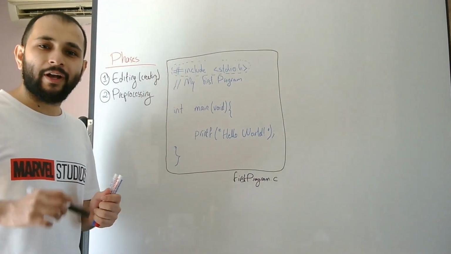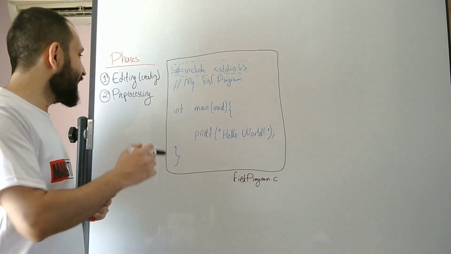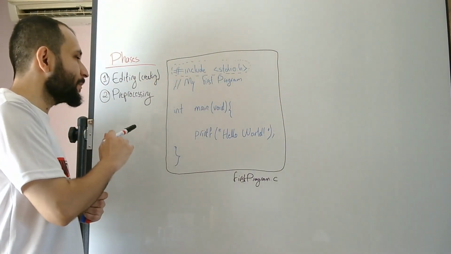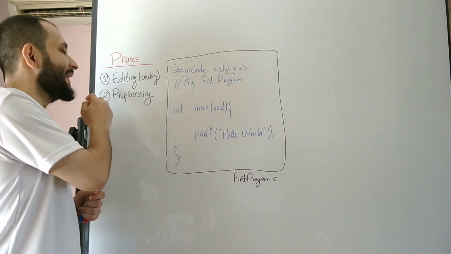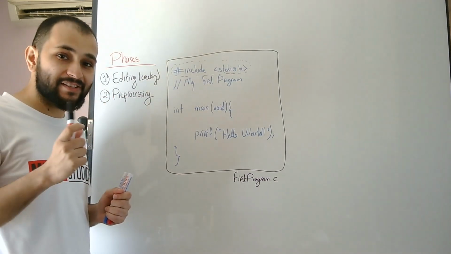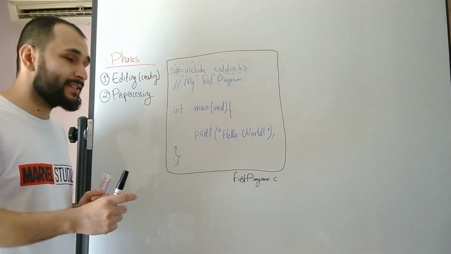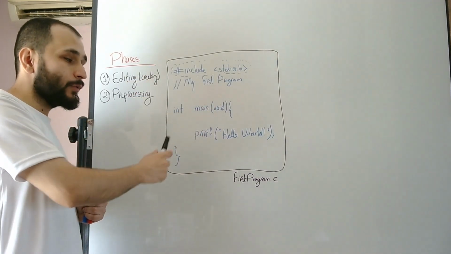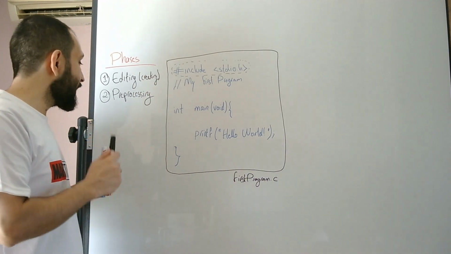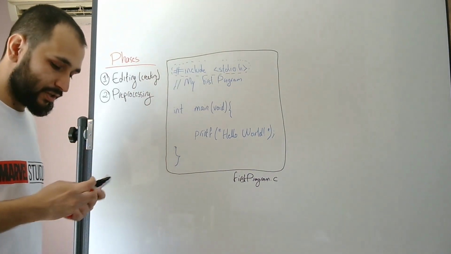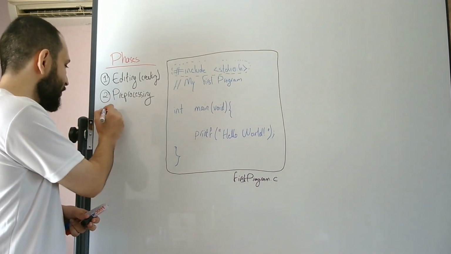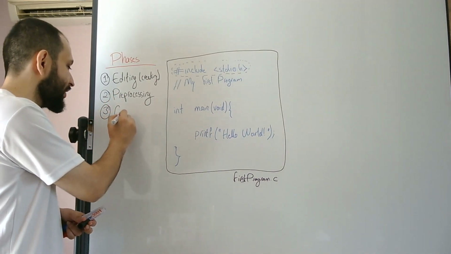So here we are on our board, and we have created our program. We have also completed the pre-processing phase on this file. The next phase that needs to be carried out on this file is the compilation phase. So the third phase is the compilation phase.